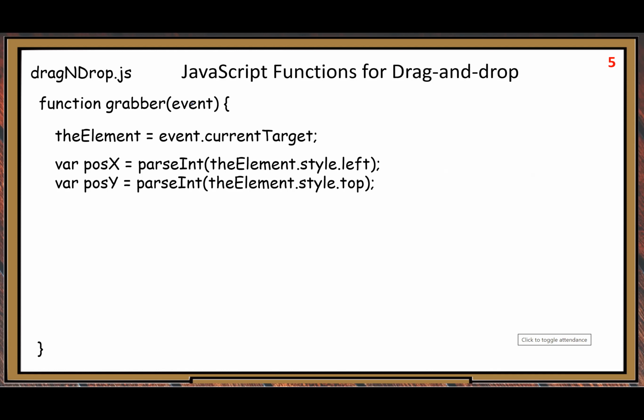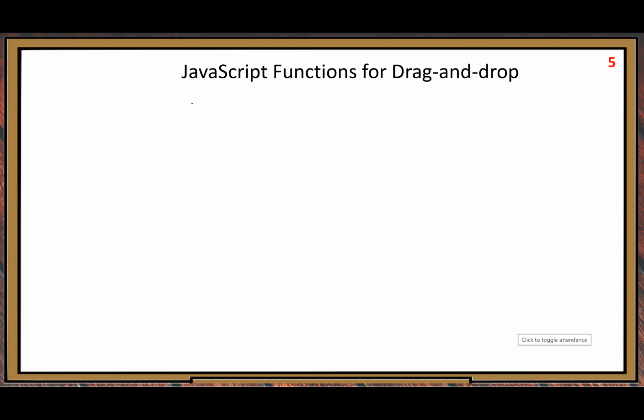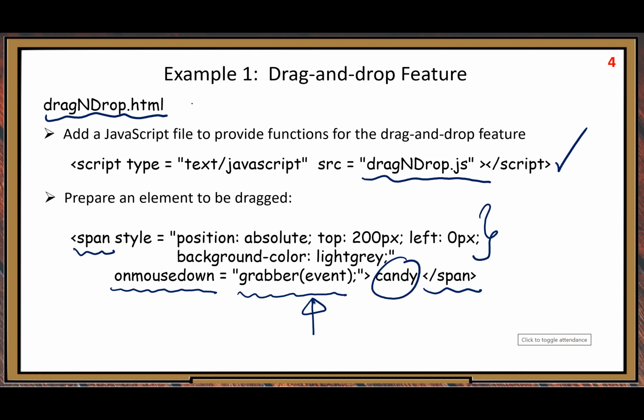If I go to the previous slides, let me just go to the previous slides. Style. Can you see the style here? Span style. The element dot style, you need to get to this place. Then style dot left. You need to get to this place. This is the left property. Left colon 0px.